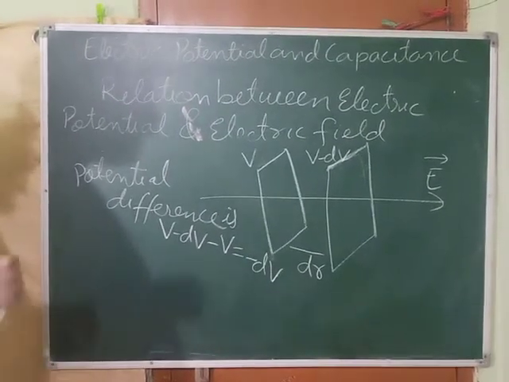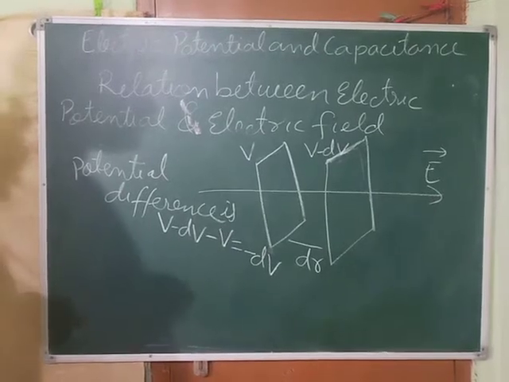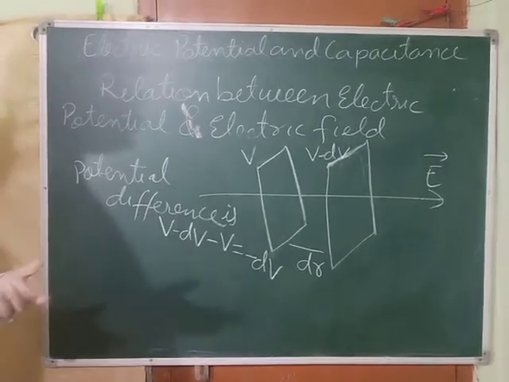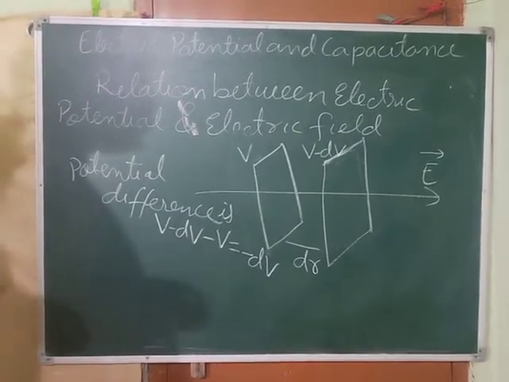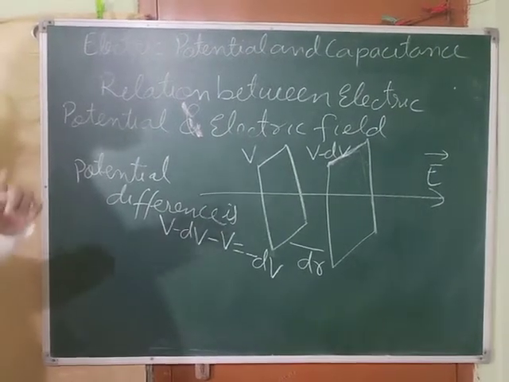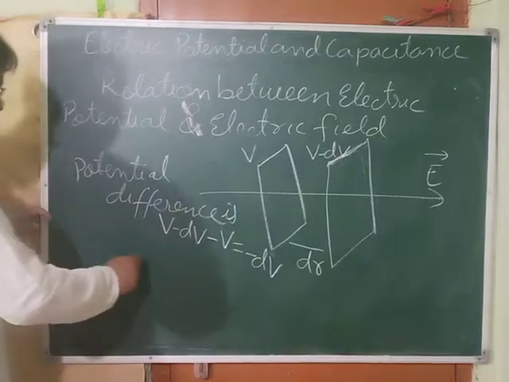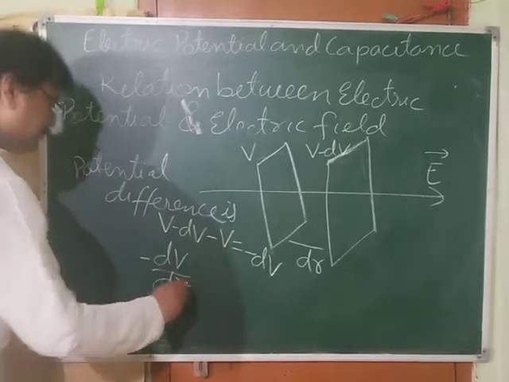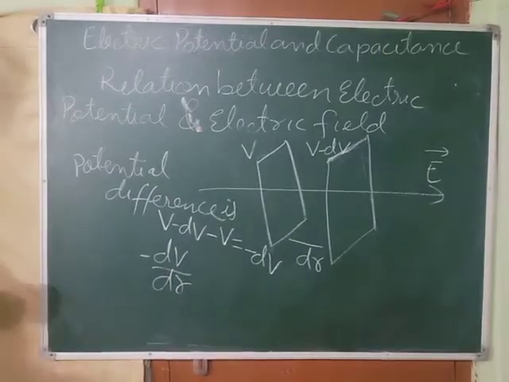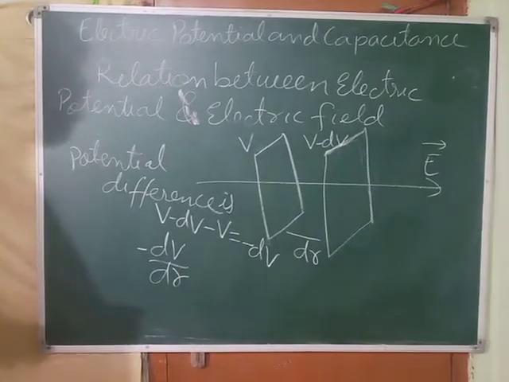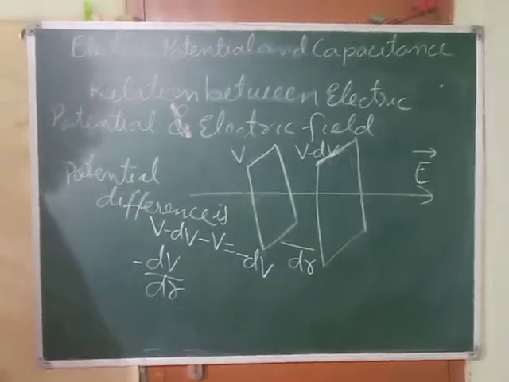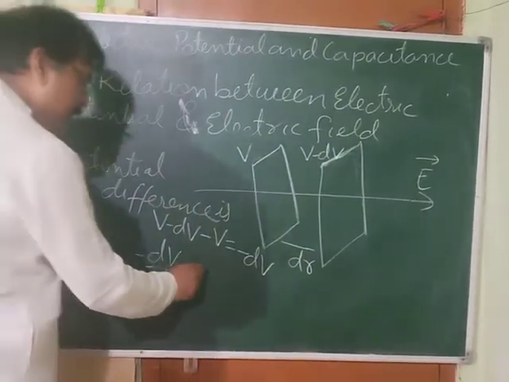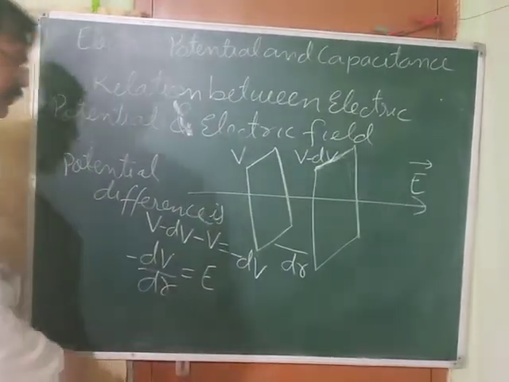So write, therefore, the rate of change of potential, not potential difference, the rate of change of potential with respect to distance along the direction of electric field is given by minus dV upon dr. And this rate of change of potential with distance is equal to the electric field intensity in that region.